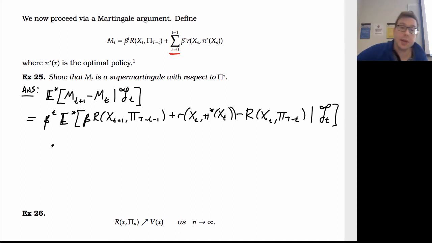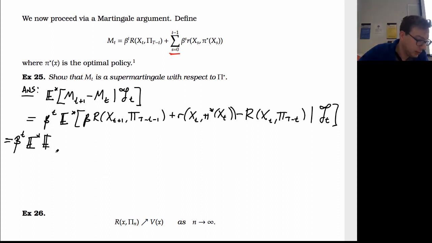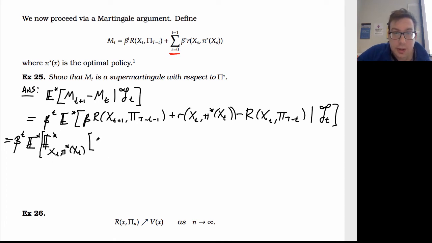So I'm just going to apply a bit of the tower property here.